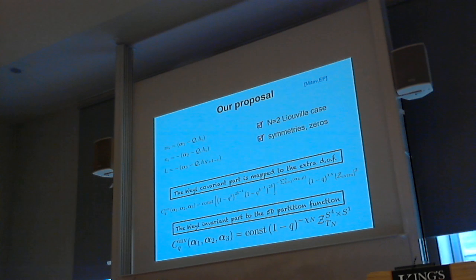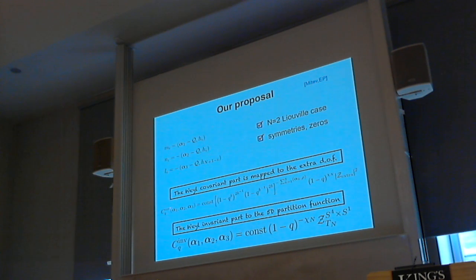Now here is the proposal. This is the parameter identification that you have to do in order for the dictionary to work. The H's are some fundamental weights, a group theory way to project the correct components. And then you can show, first of all, that the covariant part should be mapped to these extra degrees of freedom.